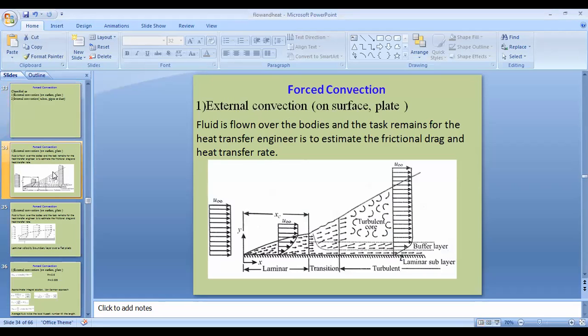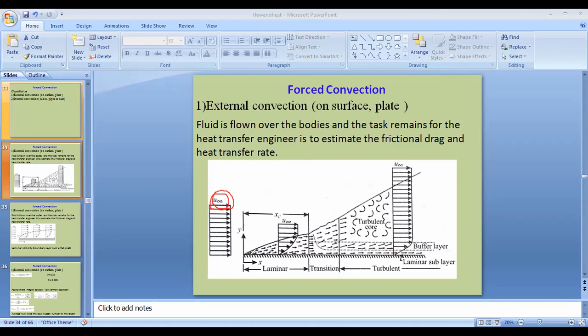Now see the external convection or external flow. Then we'll see that a boundary layer is formed. Boundary layer means what? It is a gradient. Here the free stream velocity is u infinity, but when the fluid touches the boundary, the velocity becomes 0 near the wall. This is called the no-slip condition. So the velocity of the fluid becomes 0, but the surrounding is u infinity.